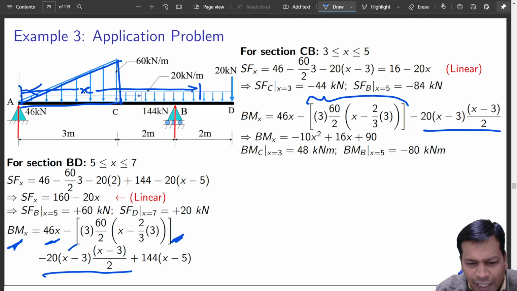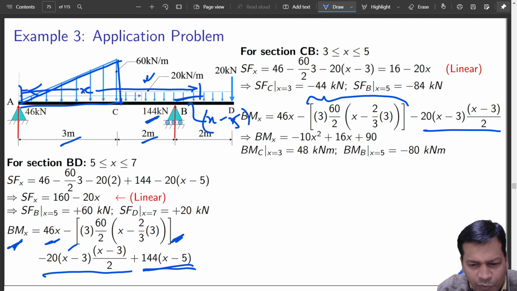Only thing that is added now is bending moment due to this load. This was not considered because we were in this region earlier. This time you will take this also, okay. So if it is x minus 5 that will give you this distance. So that is the distance, okay.